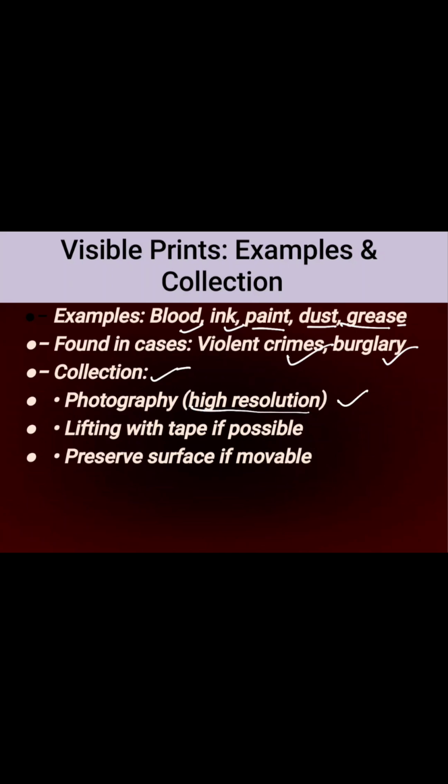We won't use normal cameras for this. We have separate cameras with different kinds of lenses and resolutions, and the photography can be done from different angles, like 45 degrees or 90 degrees, depending on the angle required.